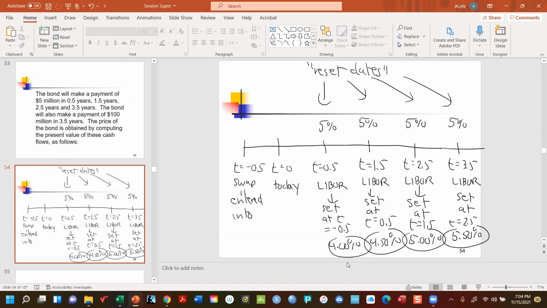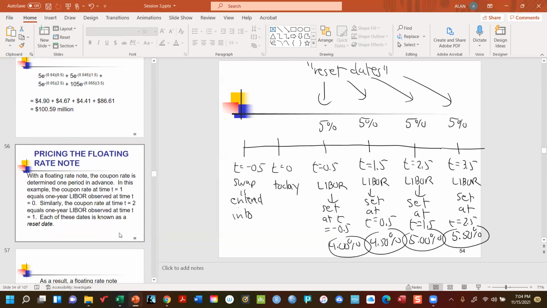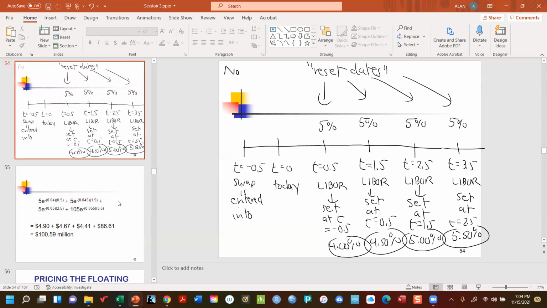And so you can see that in some years, the fixed rate is higher than the floating rate. In other years, it's the other way around. So with all this information in place, how can we determine today's value of this cash flow? Now, one more thing, don't forget, the notional is $100 million. And what else do we need to know? I think that's about it.